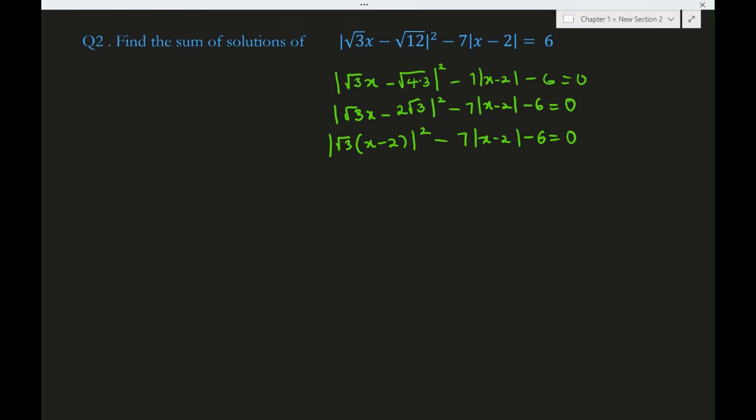Now this is the absolute value. There is a square root here. We can split this actually using some of the properties. We can put the square here and put the square here as well.